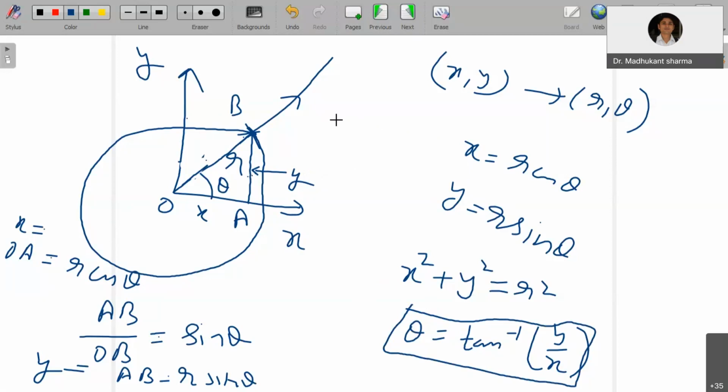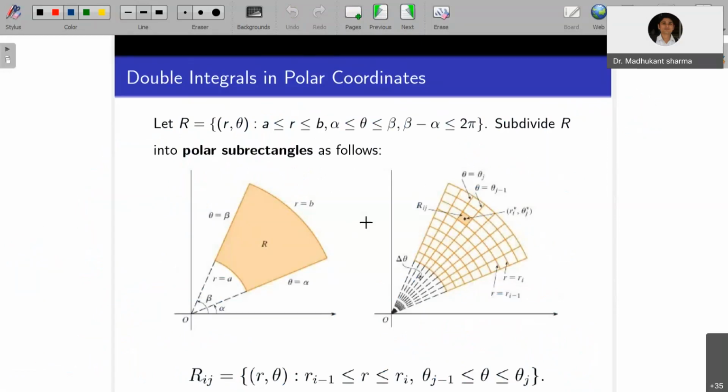We will have more detail during the complex variable sessions. So this is how you can always transform the Cartesian coordinate system into the polar system. Now this is how the polar rectangle will come about.